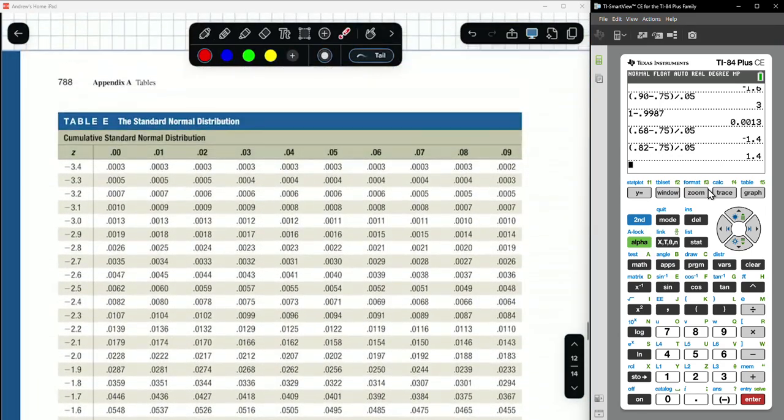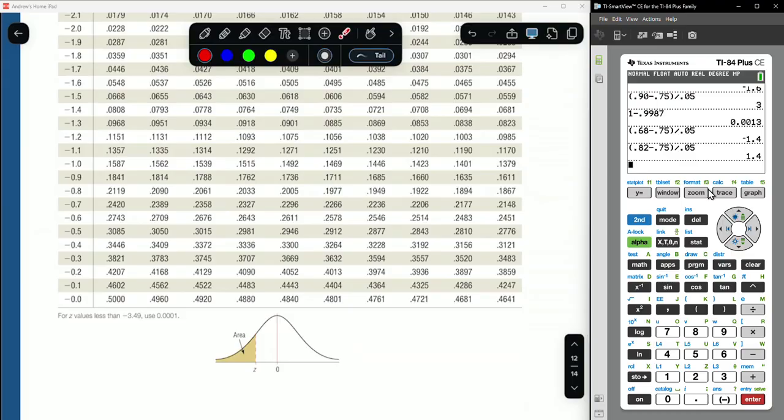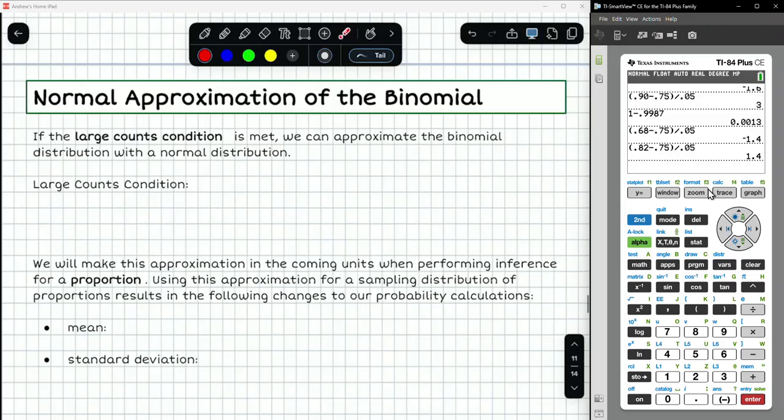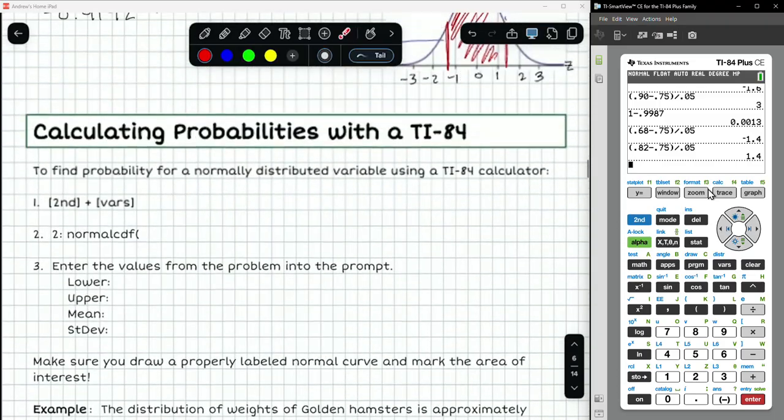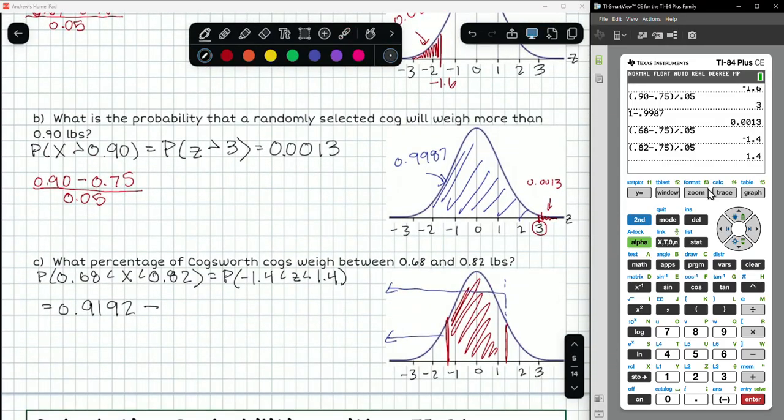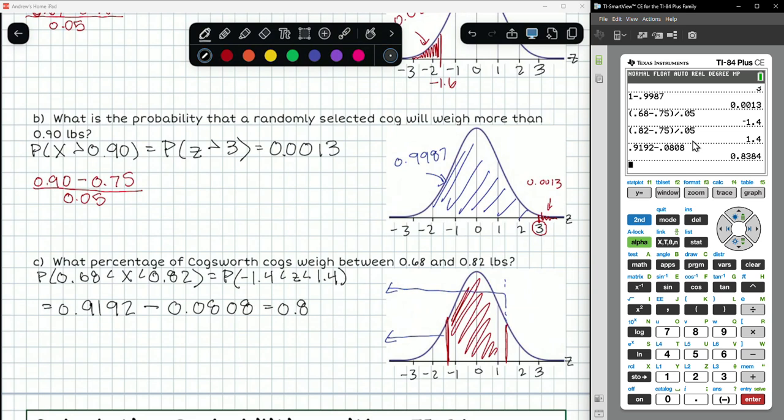So negative 1.40 is right here, and that's 0.0808. And we get 0.8384.